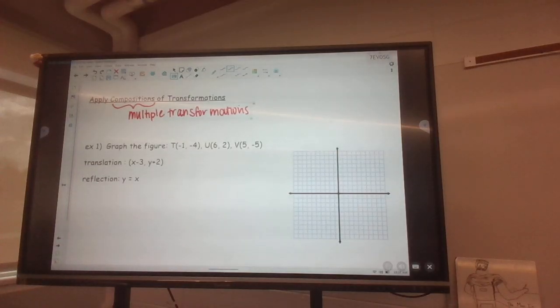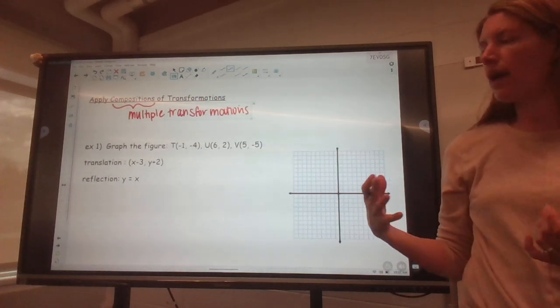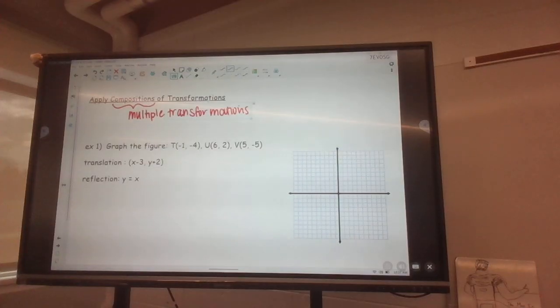So we're going to do two different things here. We basically have to move this twice. And it's up to you guys if you want to even write the original. I probably will. I'll probably write the original in light gray or something like that. So I'm going to graph this. Oh, it does say to graph it.